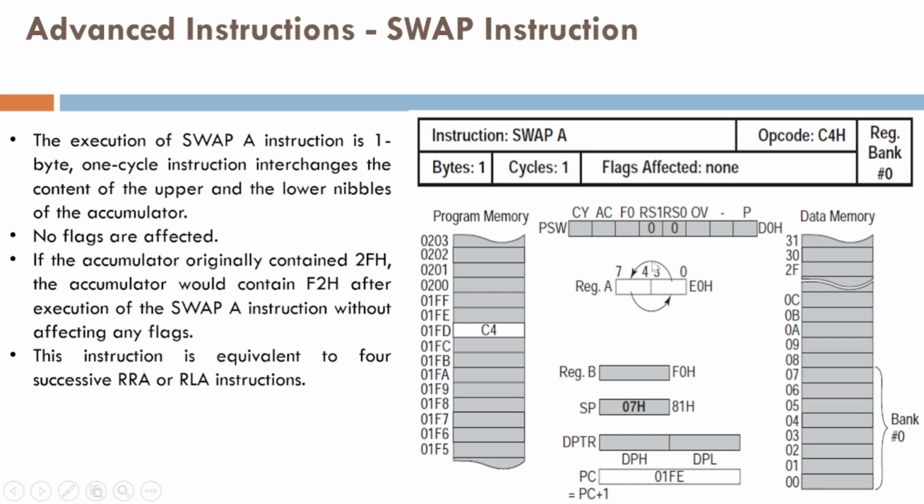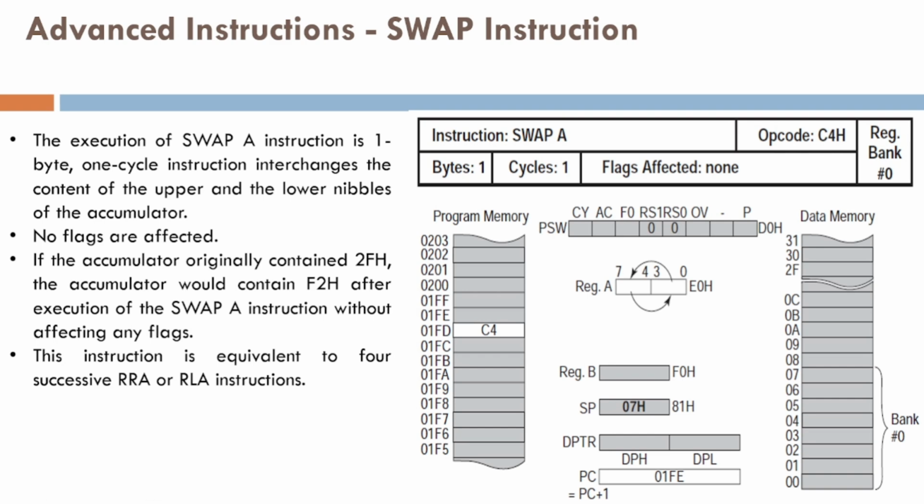If you separate it, we get a lower nibble and an upper nibble. Using the SWAP A instruction, you are moving the lower nibble to the upper, and the upper nibble content to the lower nibble. This affects the content of the accumulator only.